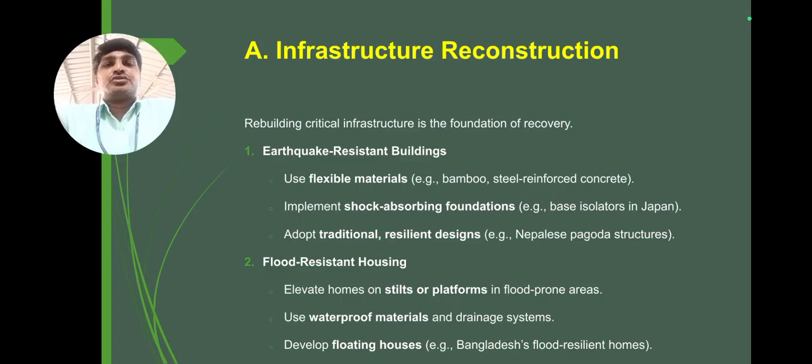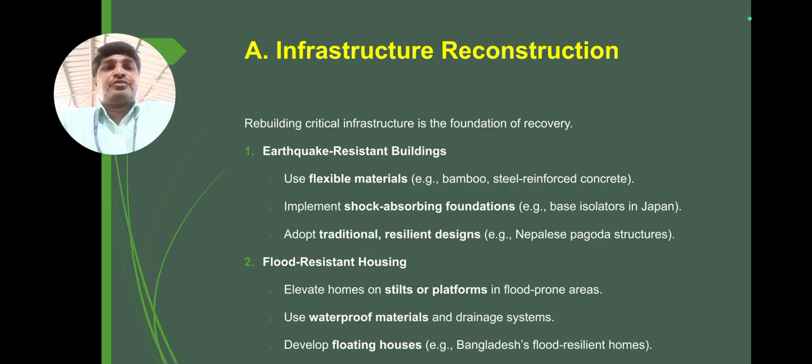That way we can protect property and lives. Use waterproof materials and a proper drainage system. Waterproof materials protect buildings from absorbing water, which also protects the people and the property.